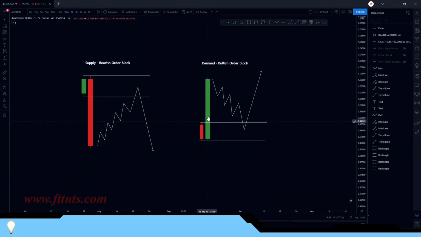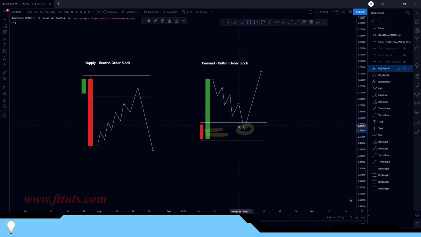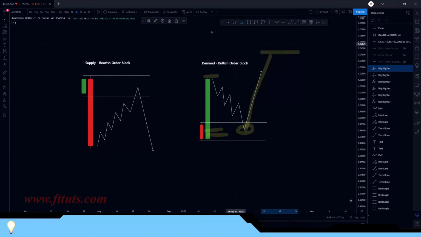Now, because there was imbalance or inefficiency left in the markets, price gravitates back to these areas to balance price, then taps into this order block where there are pre-existing orders that were left initially, right? It grabs these orders and then pushes higher to create a higher high in this case.